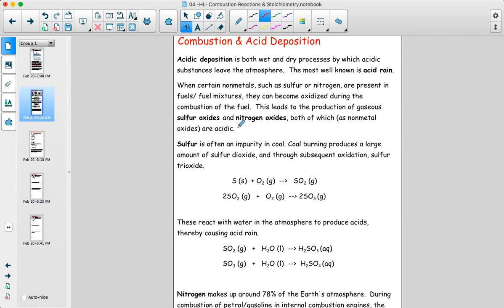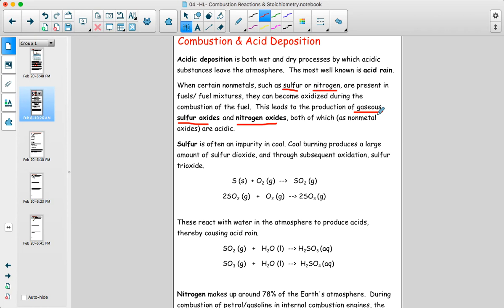Now, the way that acid deposition generally forms is that when certain nonmetals, especially sulfur and nitrogen, are present in fuels or if they get mixed with fuels, during the combustion, they can become oxidized when the fuel is combusting. And that leads to the production of sulfur oxides and nitrogen oxides, both of which are gases, which means that as they are formed, they can spread throughout the atmosphere, even far away from where those gases were created, which is not good.